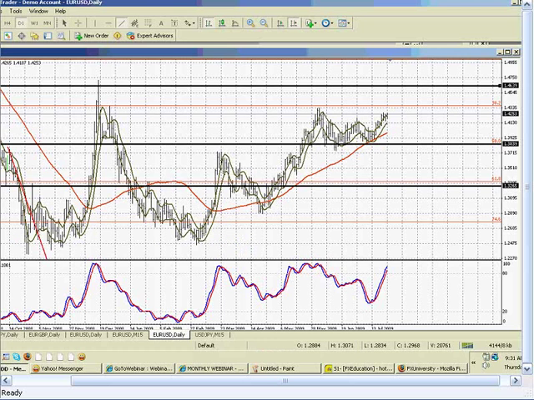Once we started closing back above 61.8, our retracement after the close above 61.8 gave us a higher swing and a nice uptrend.